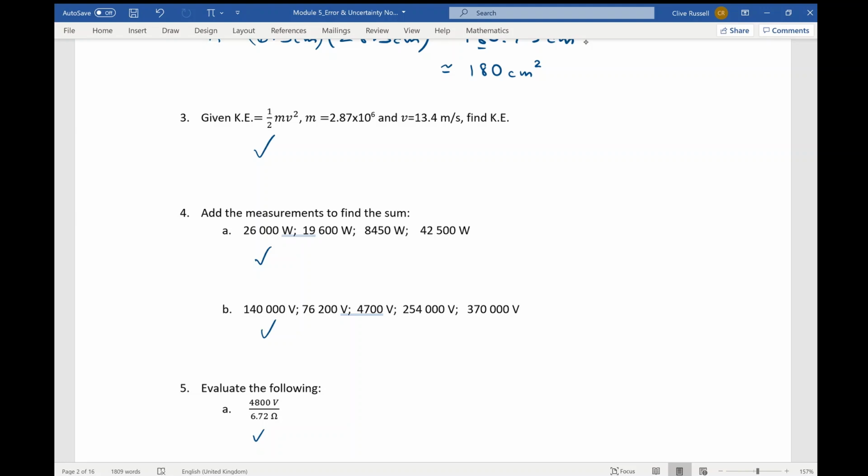Here we're finding the kinetic energy, so we're multiplying and rounding based on accuracy or significant digits. Here we're finding the sum, so we're rounding based on precision. As a matter of fact, for these two. And for this last one, we're dividing, so we're rounding based on accuracy or number of significant digits.